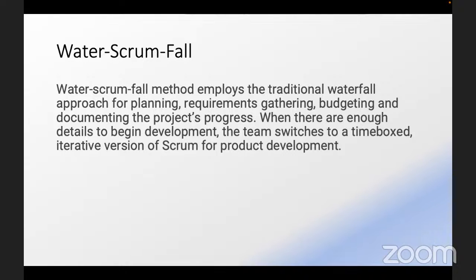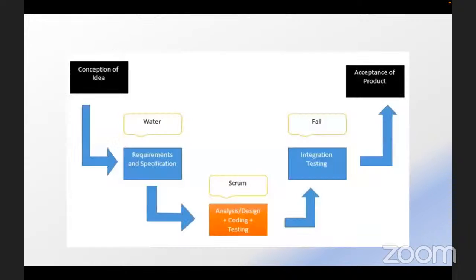When there are enough details to begin development, the team switches to a time-bound iterative version of Scrum and product development. Now, I'll explain what all of this means soon. You can see this representation of the Water Scrum Fall, which is why we are using Scrum.